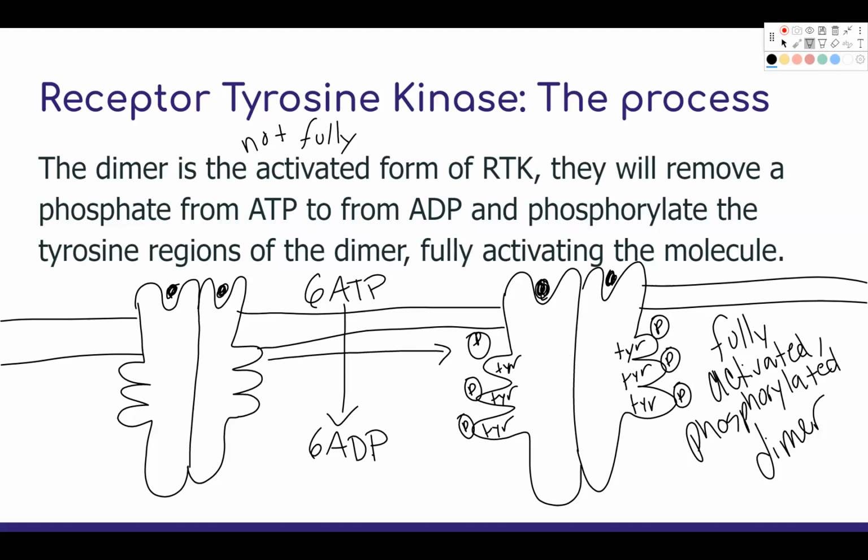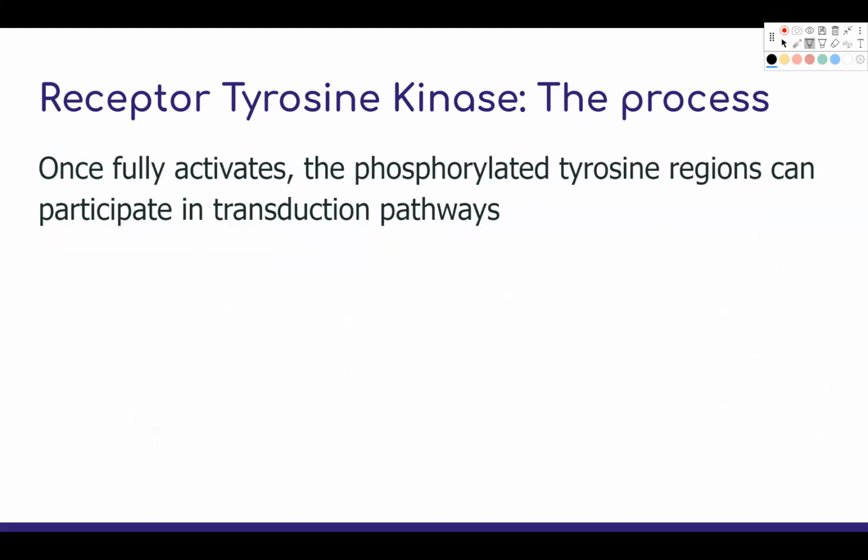So now that our molecule is fully activated, it can lead to our cellular response. So we can take those activated tyrosine regions and we can have them act in different transduction pathways.